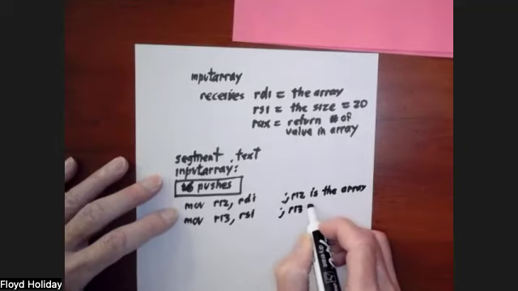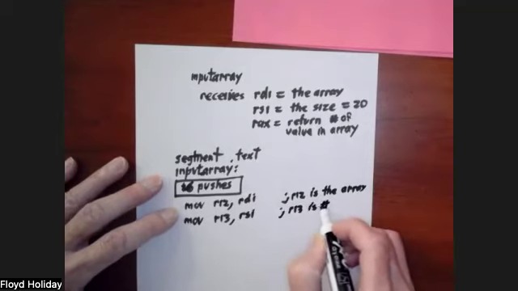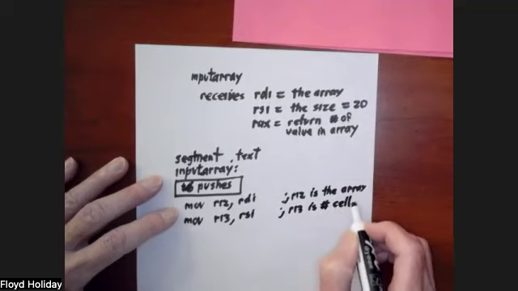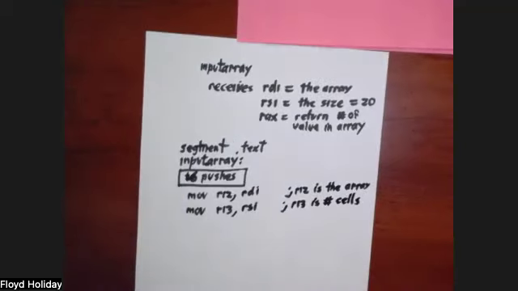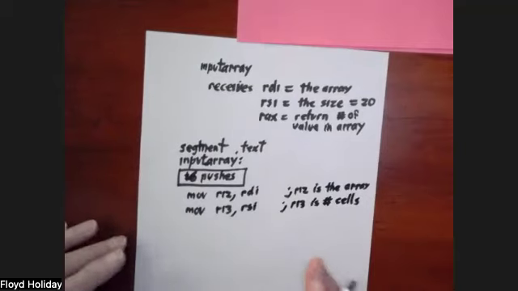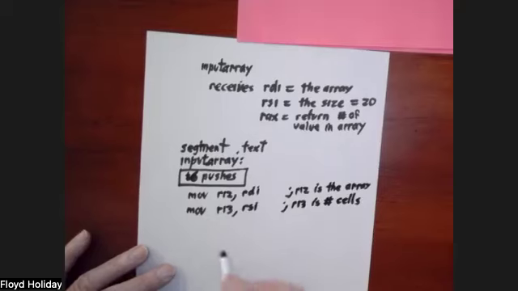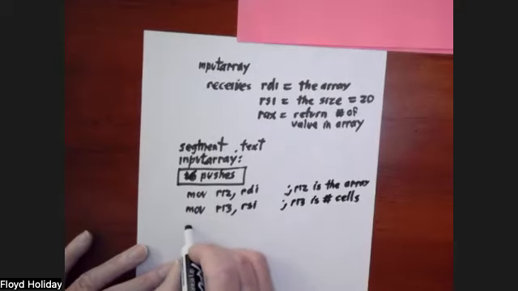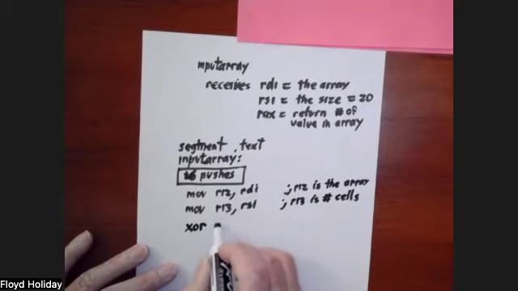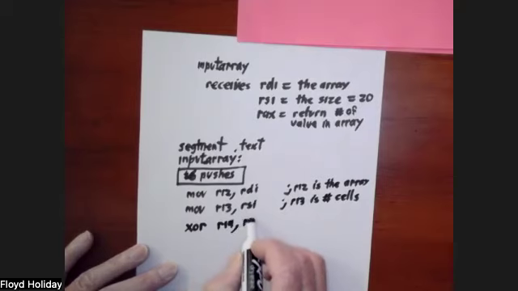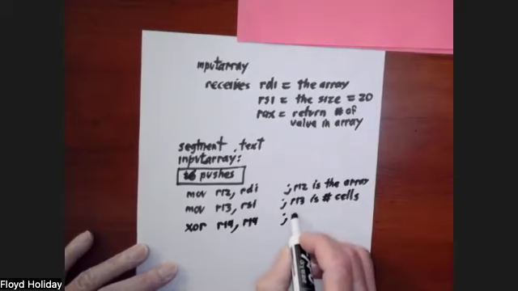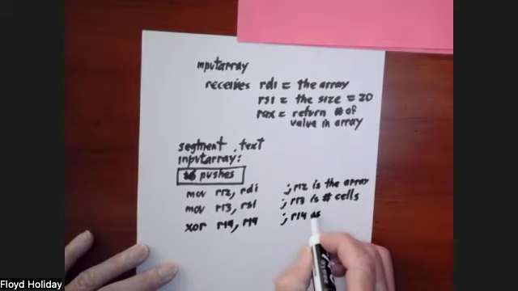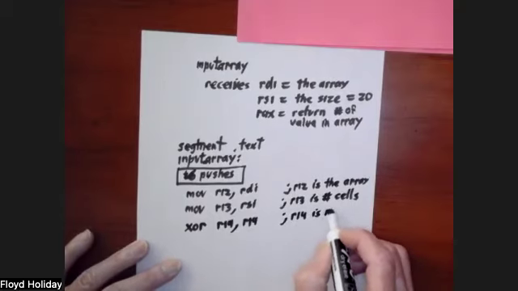R13 is number of cells in that array. And we still need an index starting at 0. Next one available is R14. R14 is the usual index.